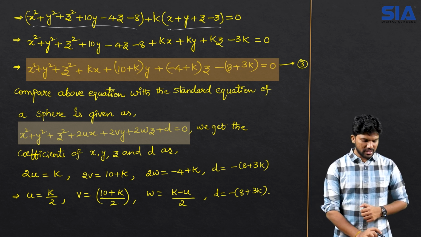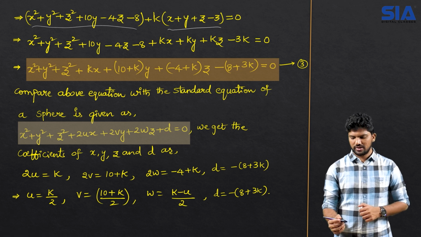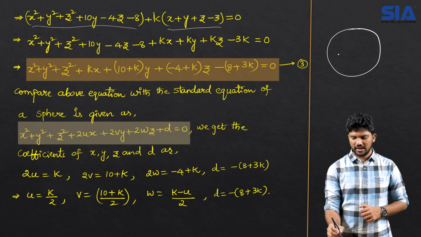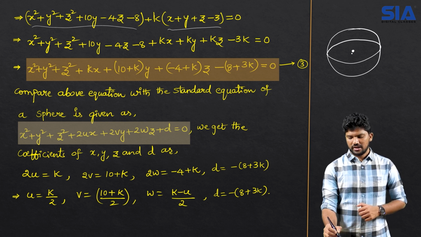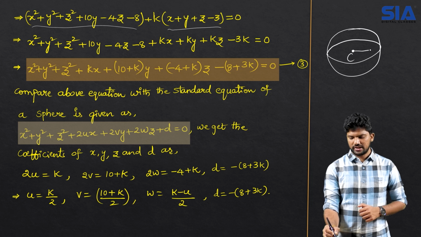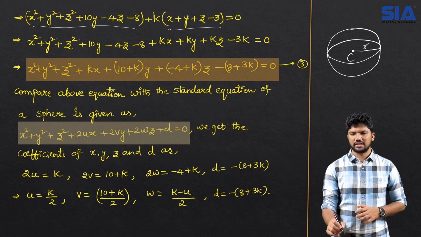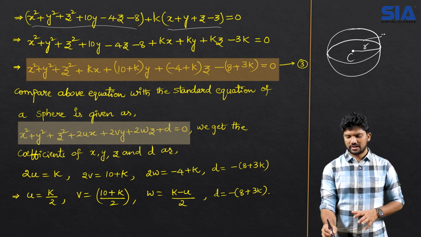Actually, at the time of the introduction class I clearly explained that the great circle equation will be in this format. If you take a sphere like this, with its center here, and from the center to this point is the radius, whatever you have here is called a great circle.